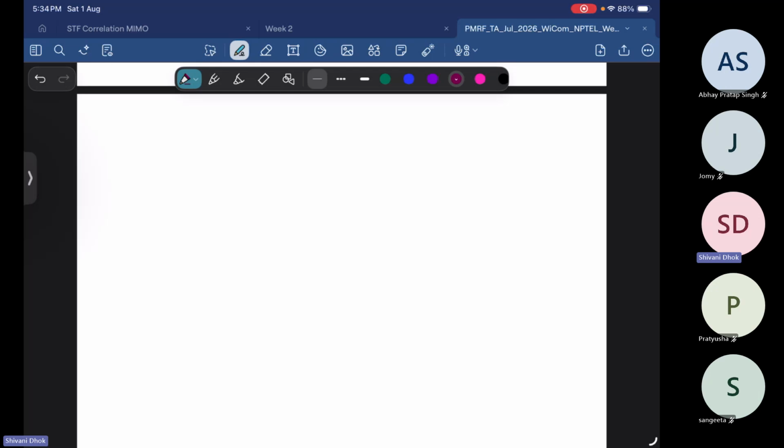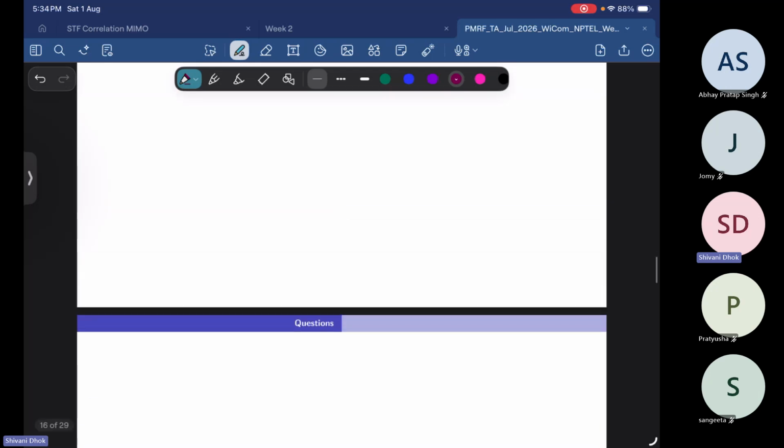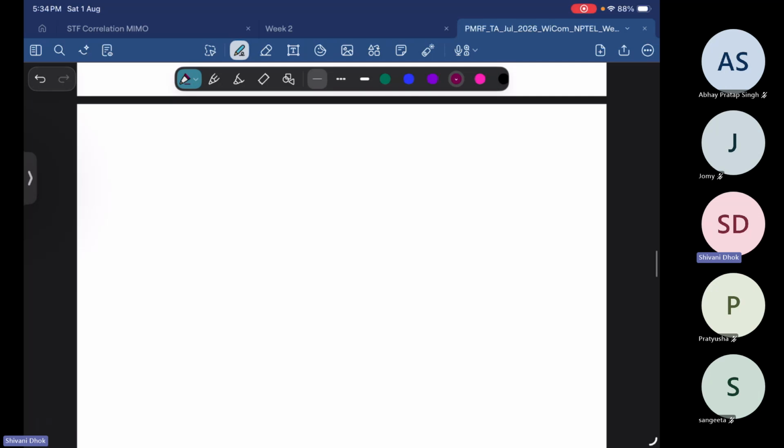Okay, so before starting with the questions, I'll have a quick digression today. Because towards the end of last week's tutorial, someone asked me a question of how the Eb by N naught ratio is related to the Ps by Pn ratio, which was discussed in last week's content, but apparently that was not clear.